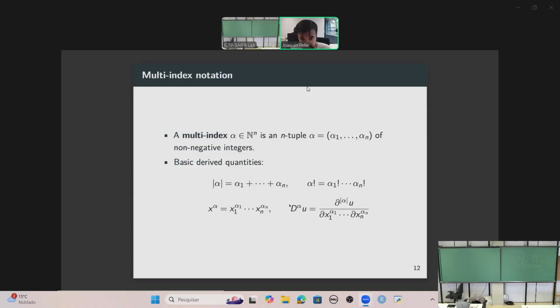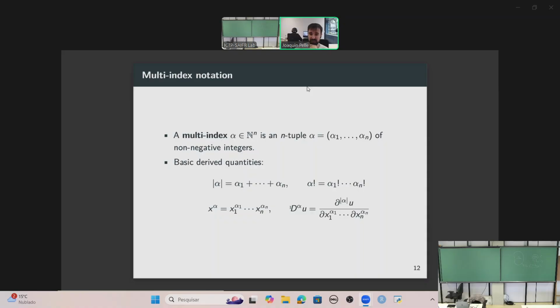Now, I think you probably also saw this before, but just in case, to define some handy notation, what we call a multi-index is an n-tuple of non-negative integers, like here. And essentially, the reason that we define this thing here is to talk about mixed derivatives of high dimension in a handy way as here.